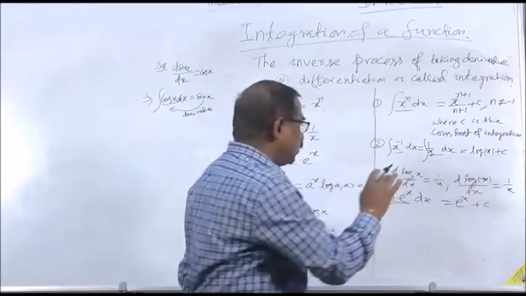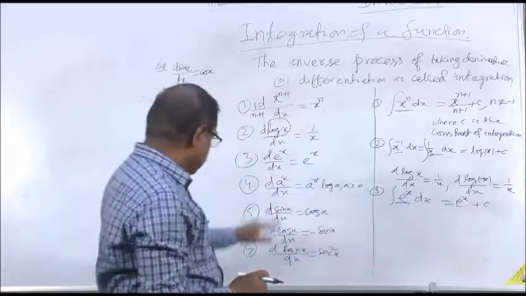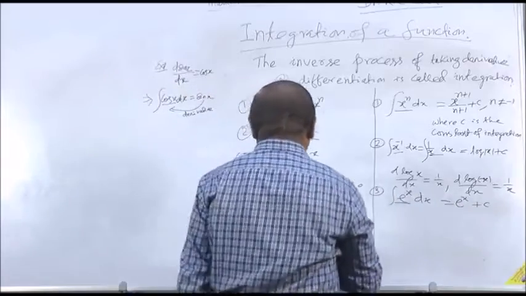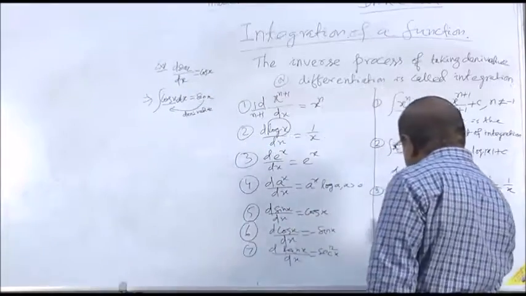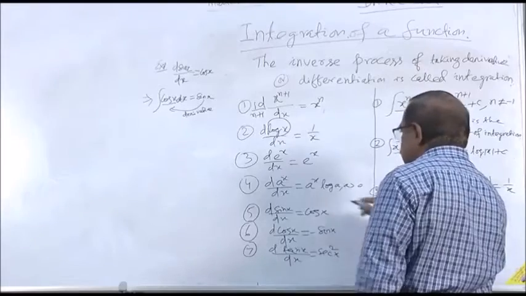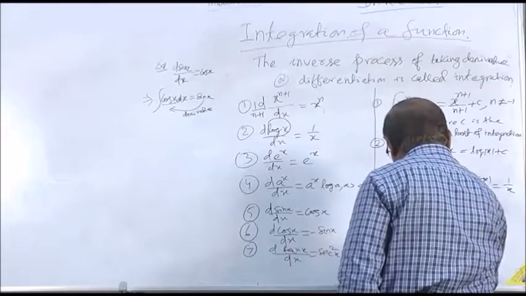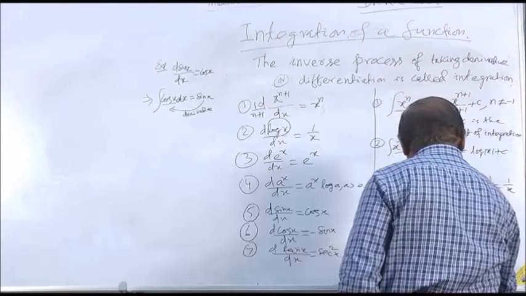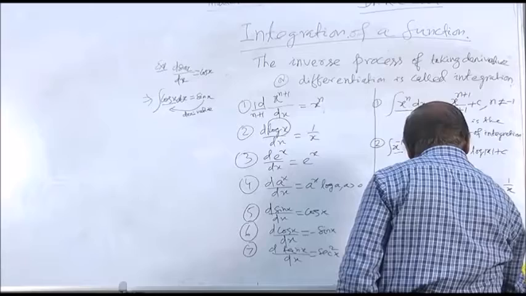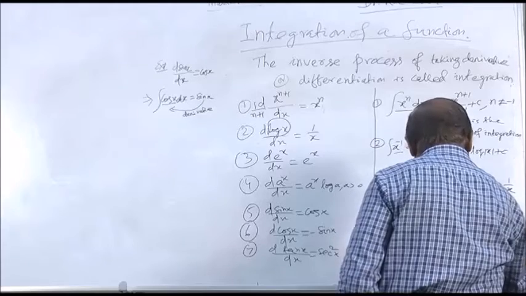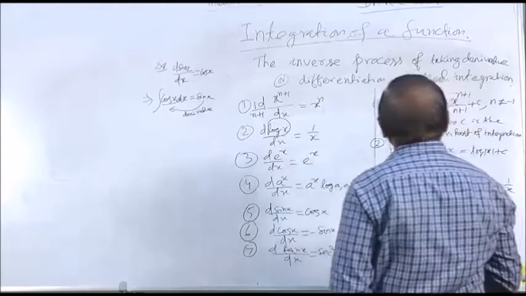I will tell you about the c just after these five to six. You see, d sin x by dx is cos x. So let us go to this 4. Integration a to the power x dx is a to the power x by log a plus c.